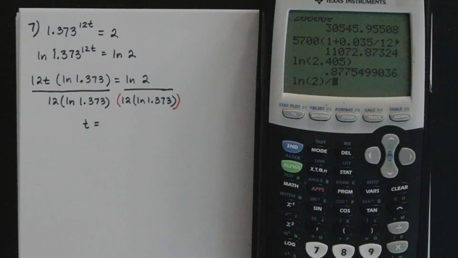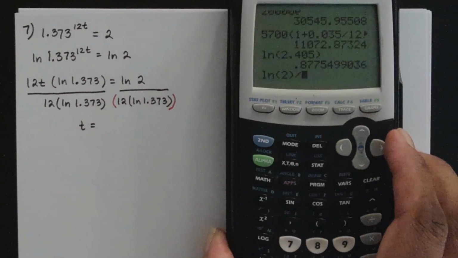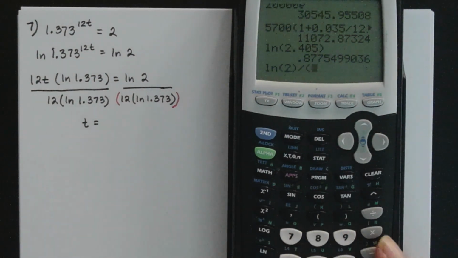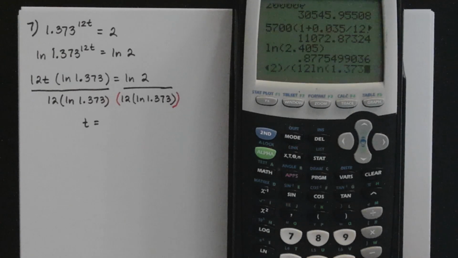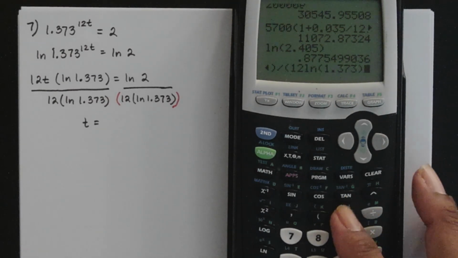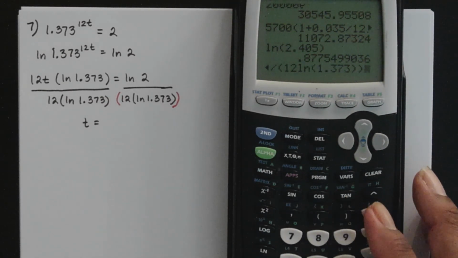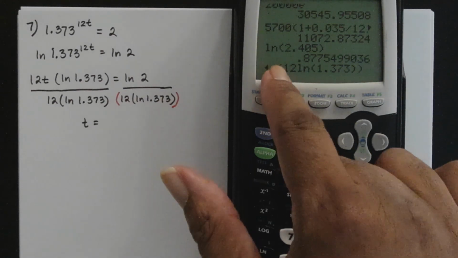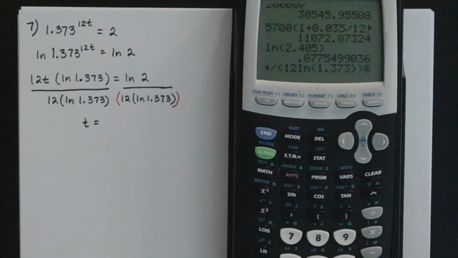So I'm going to start that denominator off with the left parenthesis, 12, and then press the ln key, and then 1.373. Have to close the parentheses around the ln and then close it again for the left parenthesis that I opened. And then hit enter.